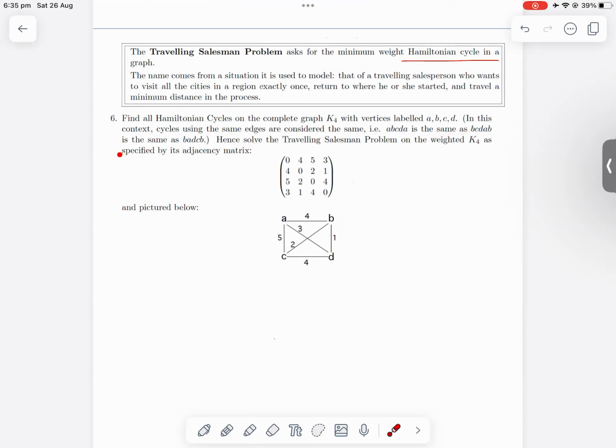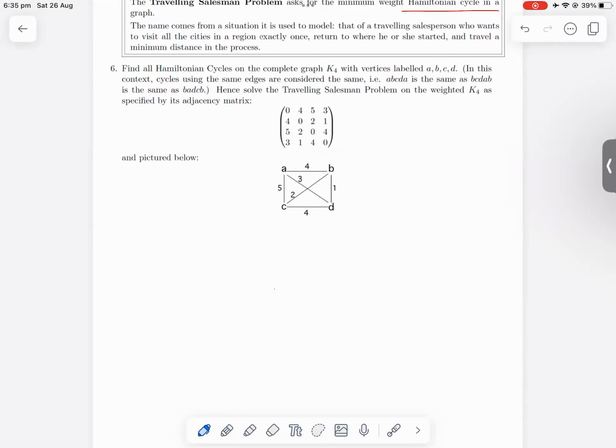And hence, let's solve the traveling salesman problem on the weighted K4 as specified by its adjacency matrix. So we will have 3 Hamiltonian cycles for this.